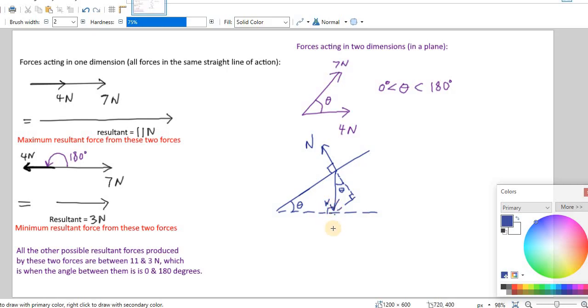The angle here is 90 degrees. Okay, so this is 90, then this plus this is 90. So 90 minus this will give you this, and that's what we saw in the book. This is 90 minus theta. Now again, this whole thing is 90, so 90 minus this will give you theta. So that's why this angle here is equal to this angle here.